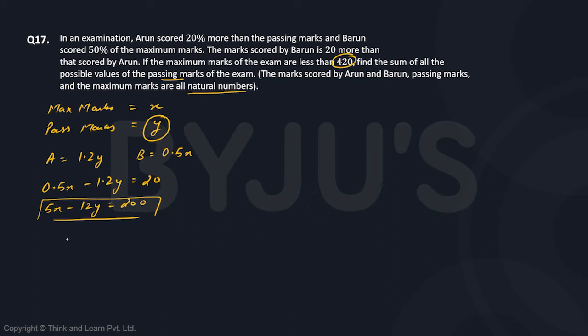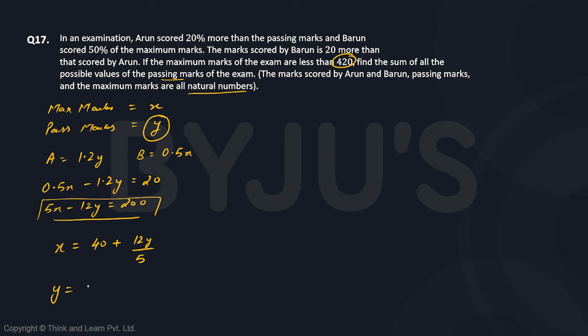So I'll write x in terms of y, which can be written as 200 upon 5, that is 40, plus 12y divided by 5. So this is how I can express x in terms of y. Now for x to be a natural number, on the right hand side, y has to be a multiple of 5. So the values that y can take will start from 5.